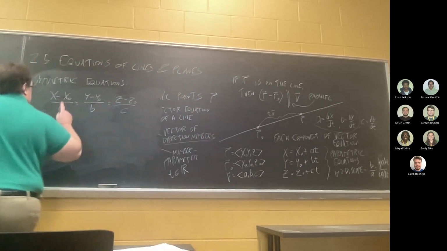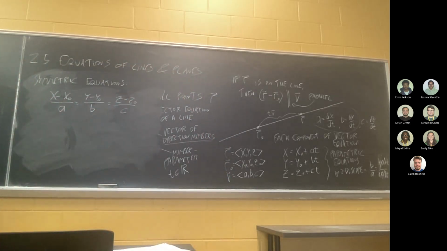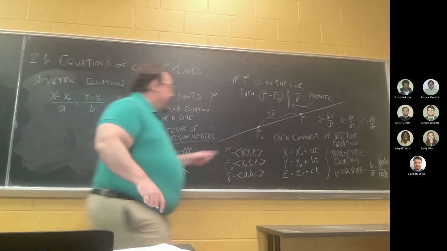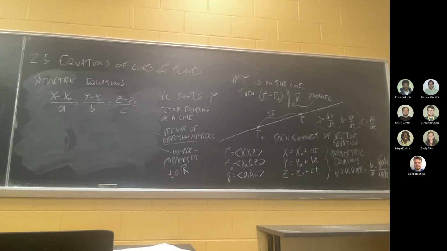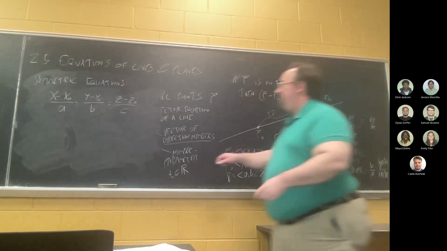Because if you go back to the parametric equations over there, if I take x minus x naught over a, what does that equal to, from here? Yes, it's t. And if you do y minus y naught over b, also t. All of these are equal to t.